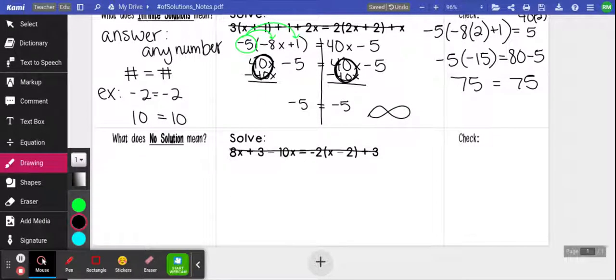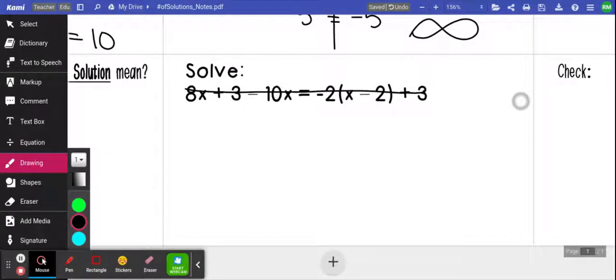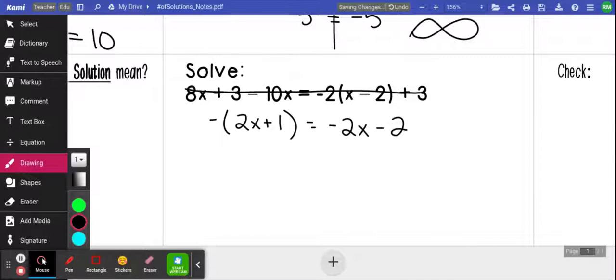Let's look at something. What if there is no solution? What will that look like? So go ahead, copy this problem down. Negative parentheses 2x plus 1. First thing we have to do is distribute, but what number are we going to distribute?